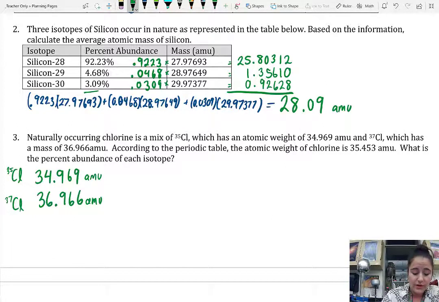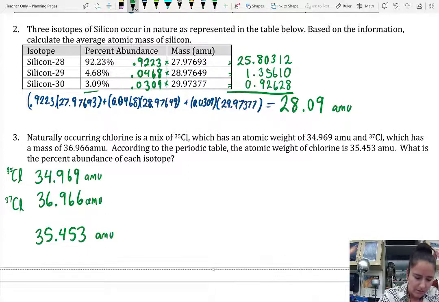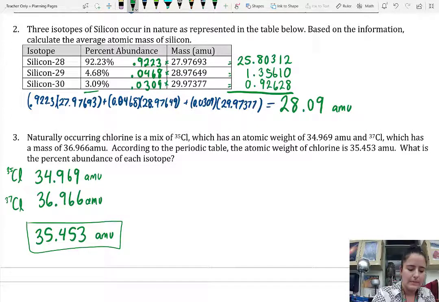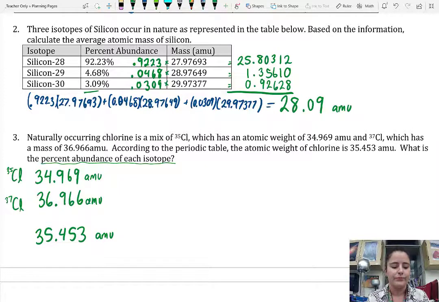Now, we know that the average is 35.453 AMU. So the question is, what is the percent abundance of each isotope?